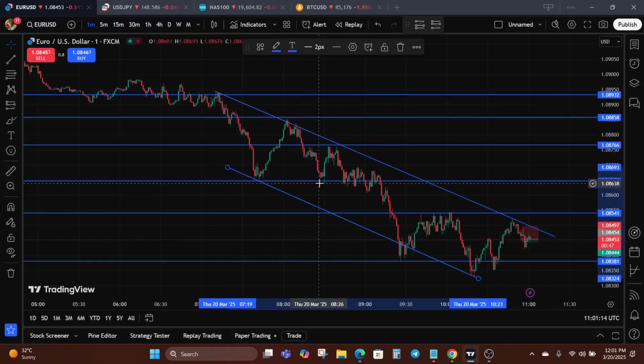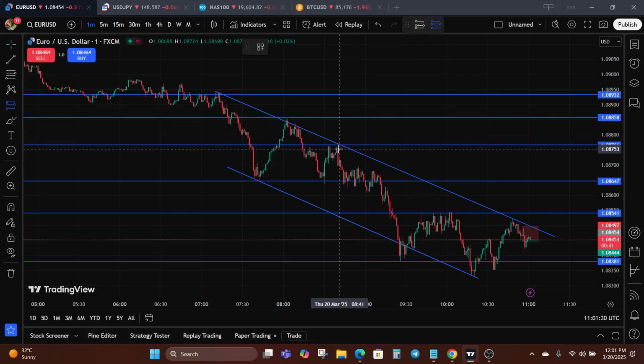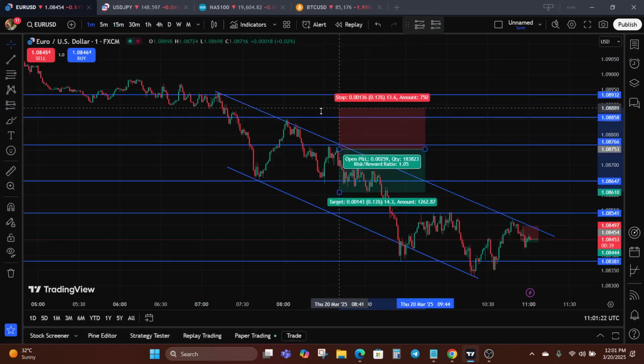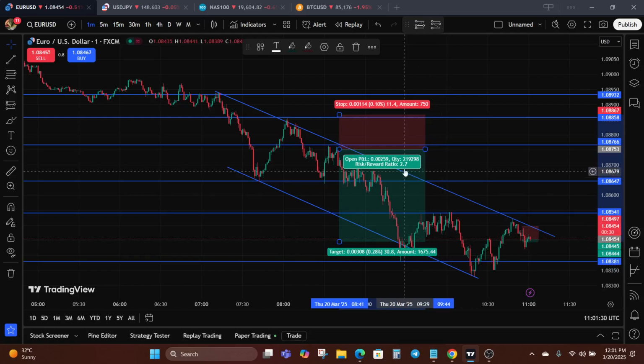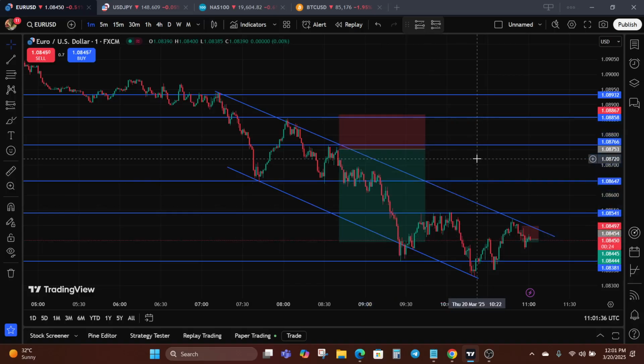The next time price comes up and touches that trend line is an opportunity to enter a sell, because it's a sell trend. Then your stop loss can be set just above the previous swing high. For your take profit, you can target the trend line support. When price drops to the trend line support, you can use that to exit your sell. So this is a very simple strategy for trading in the direction of the trend.